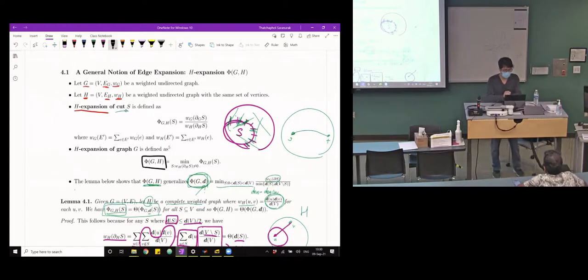If you have a cut S, then the H expansion is the ratio of the cut size in the original graph compared with the cut size in the graph H. That is the edge expansion of a cut, and for the edge expansion of a graph, you're just minimizing over all cuts.